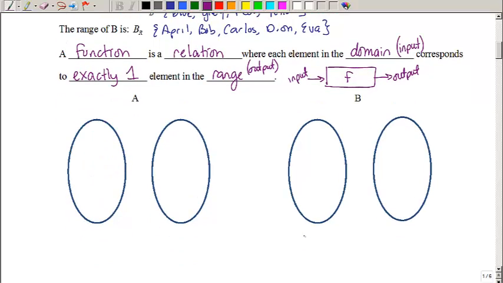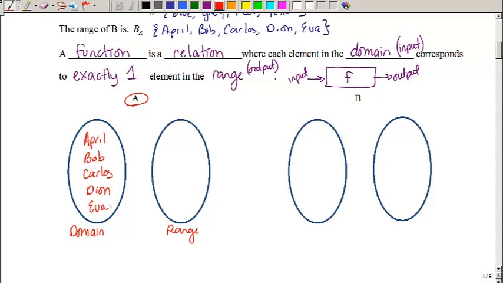Another way we can write sets is using diagrams, where we show the mapping or correspondence between the domain and the range. For set A, I'm going to let the circle on the left be the domain, and the circle on the right be the range. Within my domain, I have April, Bob, Carlos, Dion, and Ava.